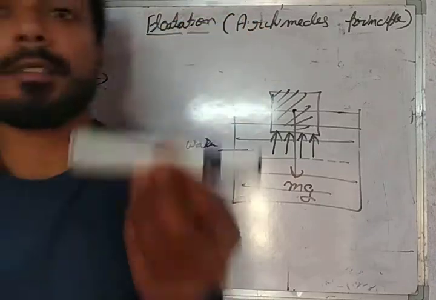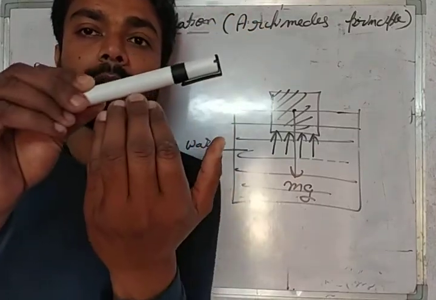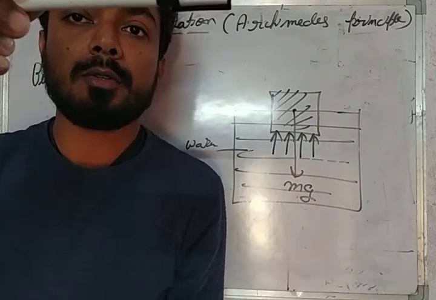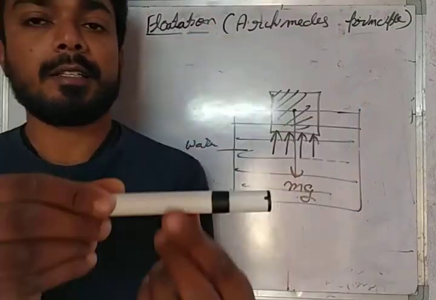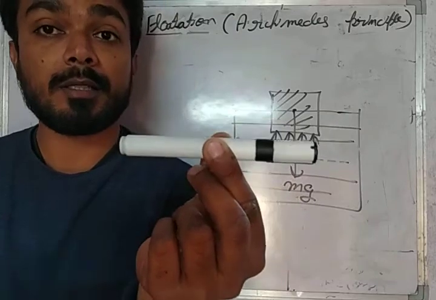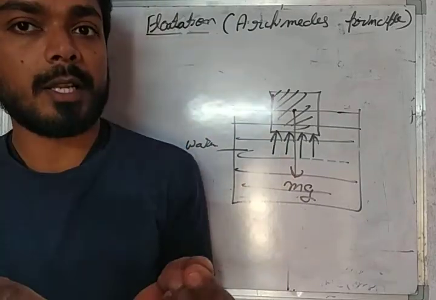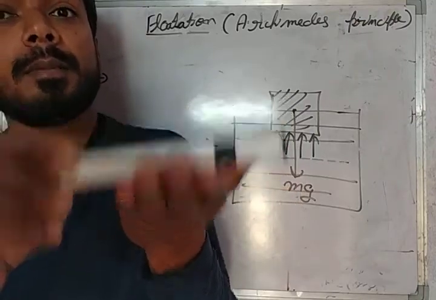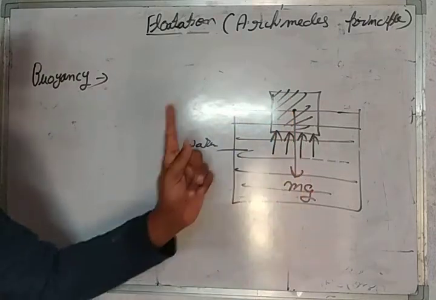It means something is balancing the weight of this body, because due to its own weight it would move downward, but on the surface of water it is not going in the downward direction. It means if you want this pen not to go downward, you should apply an upward force. Similarly, the liquid is applying an upward force.